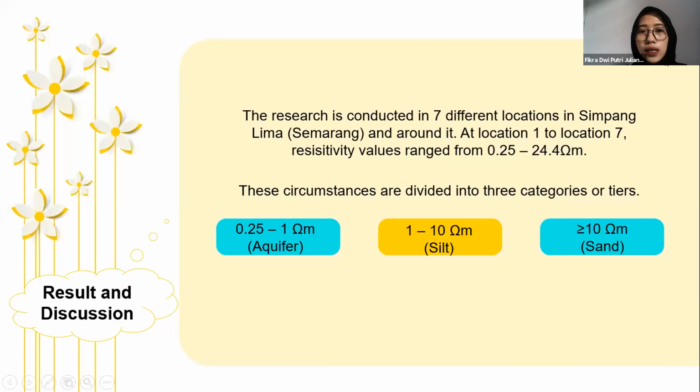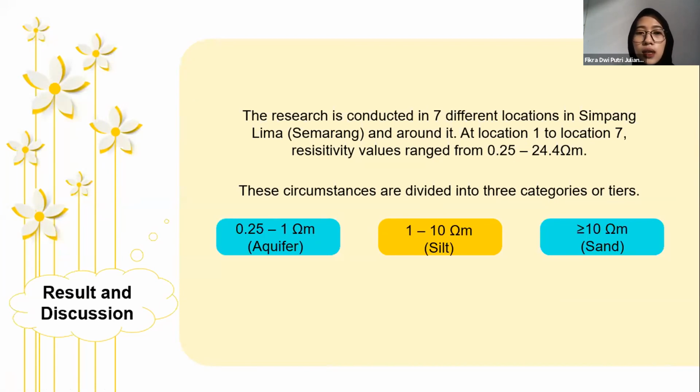The research was conducted in 7 different locations in Simpang Lima, Semarang, and around it, from location 1 to location 7. Resistivity values range from 0.025 to 24.4 ohm meters. This is from study literature.